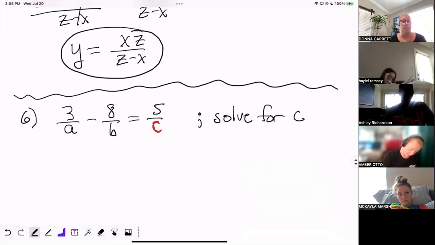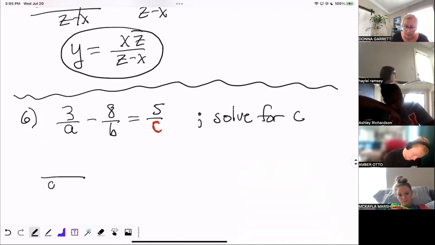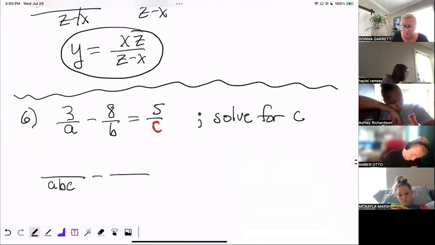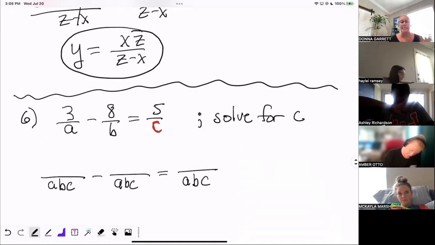Same procedure each time. I need common denominators. A, B, and C have nothing the same, so my common denominator has to be ABC. Since the denominators are going to go away, I'm not going to worry about putting the C as red. We need to worry about it now, though.